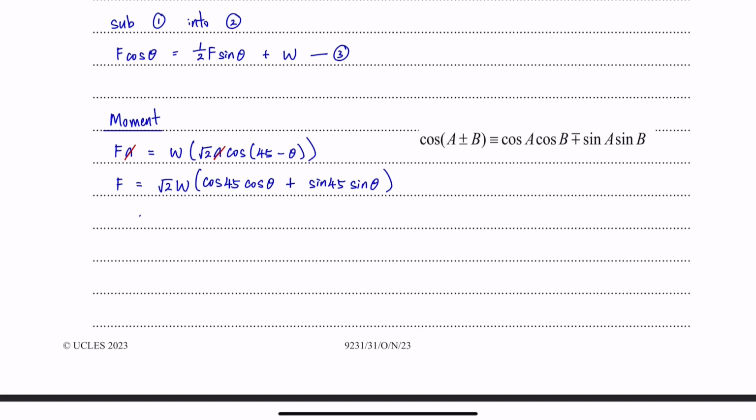Okay? And this would give us 1 over root 2 cos theta plus 1 over root 2 sin theta. And we will end up getting W times (cos theta plus sin theta). This would be our fourth equation.